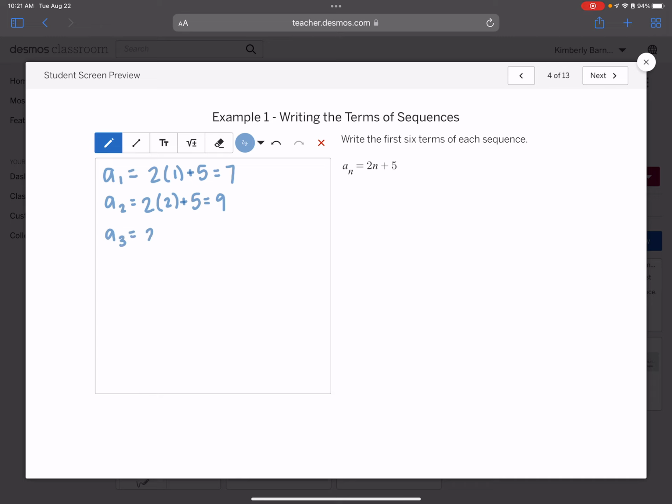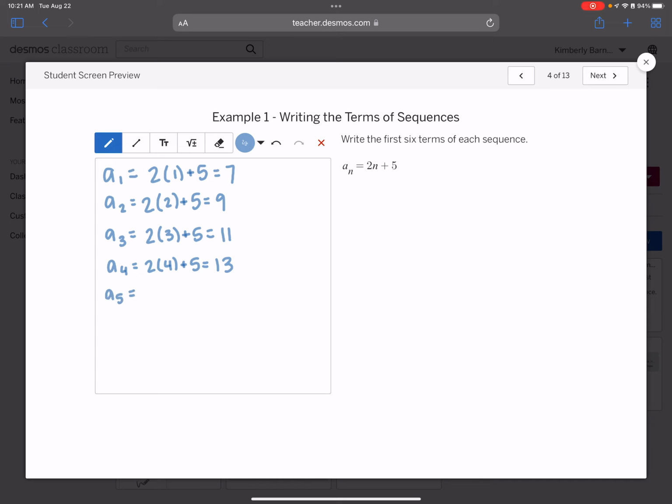A sub 3, we have 2 times 3 plus 5. 6 plus 5 is 11. A sub 4, we have 2 times 4 plus 5. That's 8 plus 5, which is 13.